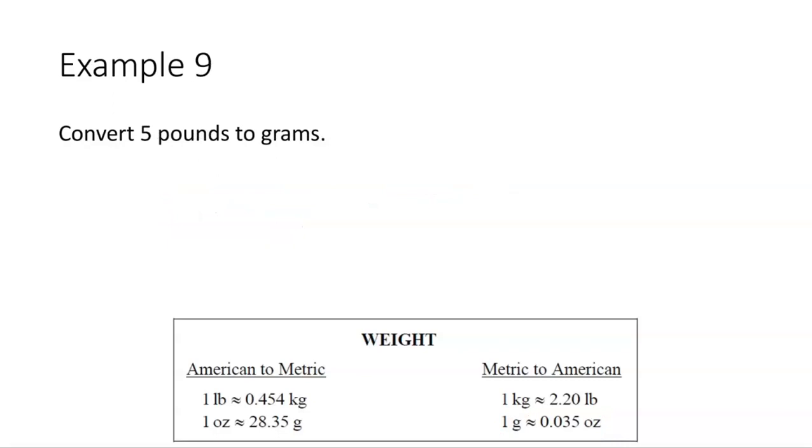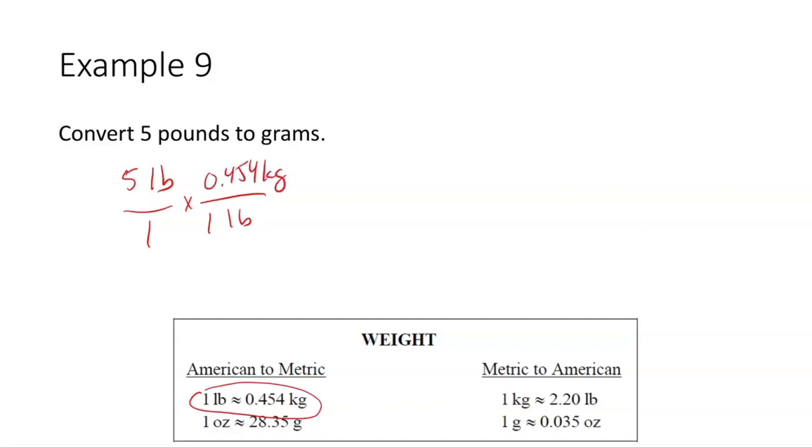5 pounds to grams. Well, from the conversions here, I know that 1 pound is 0.454 kilograms. I could also convert to ounces first and then to grams. So one way I can do this is 1 pound is 0.454 kilograms.